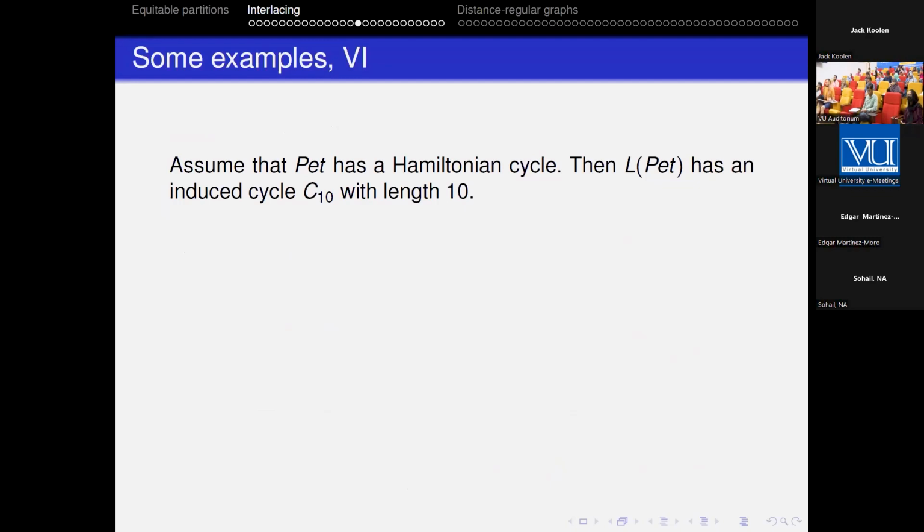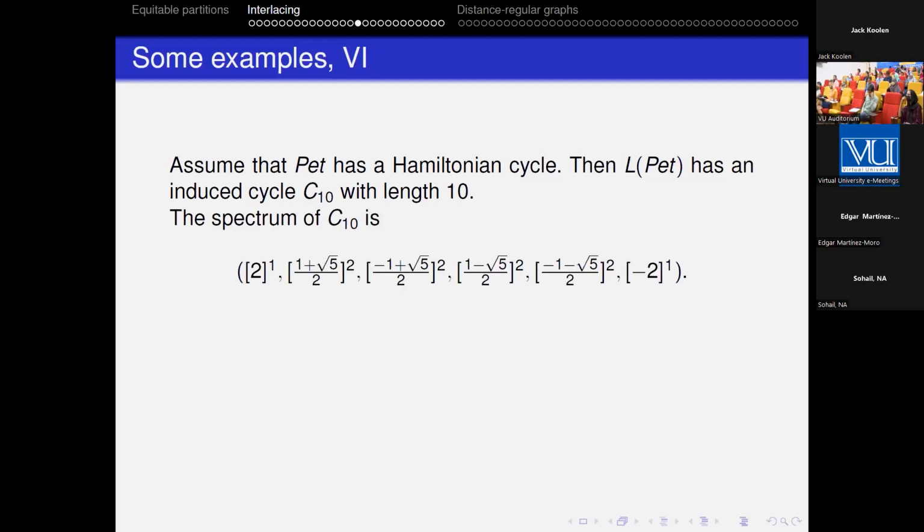So assume now that we have a Hamiltonian cycle. Then this Hamiltonian cycle in the line graph of the Petersen graph is an induced cycle of length n. Now we can use the interlacing theorem to see whether the eigenvalues of C10 interlace the eigenvalues of the line graph of Petersen. It's not so difficult to calculate, but this is the spectrum of C10.